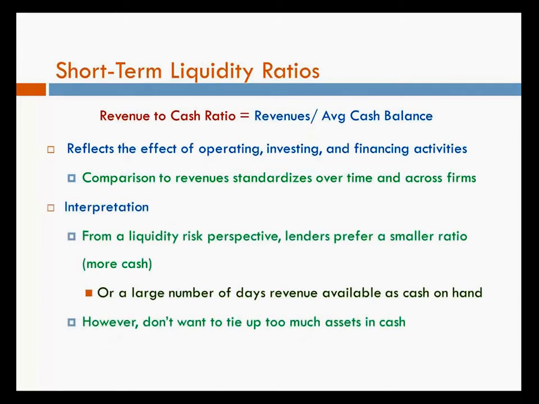Just because we don't have enough ratios, we'll have the revenue to cash ratio. It's the revenues compared to the average cash balance coming from the balance sheet. Yes, exactly.